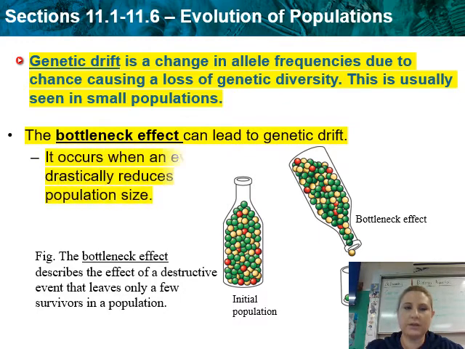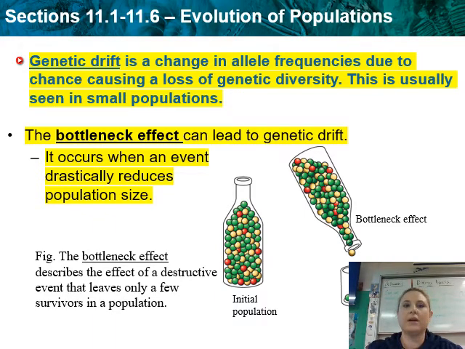Okay, the next thing we need to talk about is genetic drift. Genetic drift is a change in allele frequency due to chance, causing a loss of genetic diversity. This is usually seen in small populations. A disease could happen, or an earthquake, a hurricane, a flood, some catastrophic event that leads to a decrease or a loss of diversity in the genes.